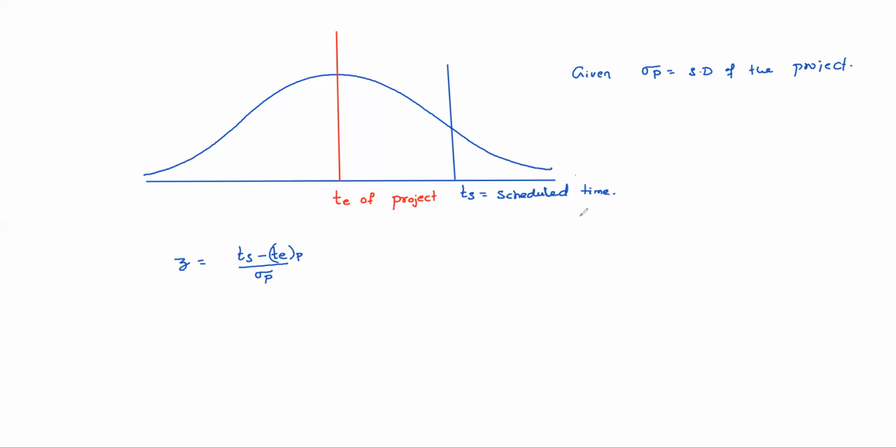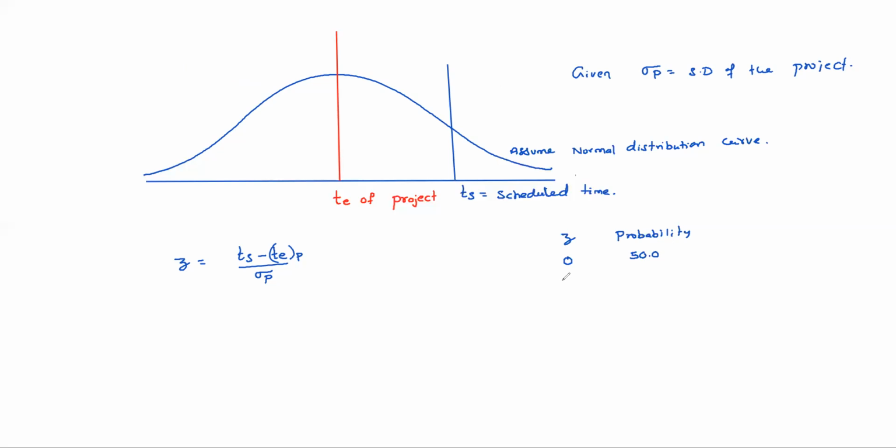We are assuming here a normal distribution curve. So Z versus probability: Z is 0 means 50% probability.